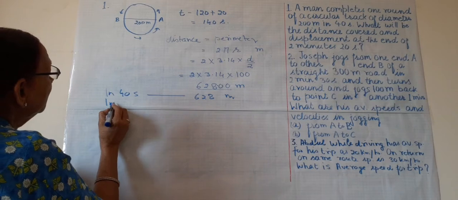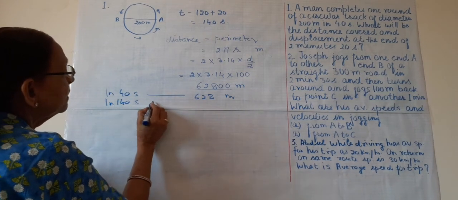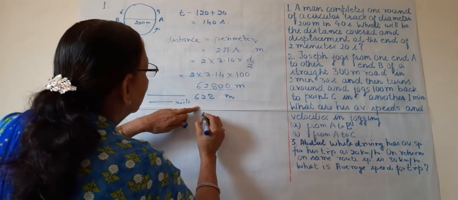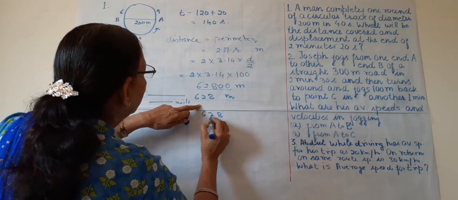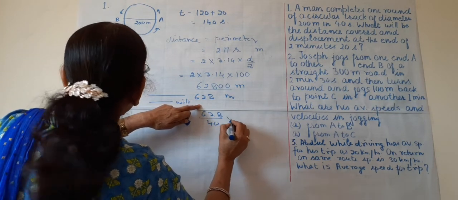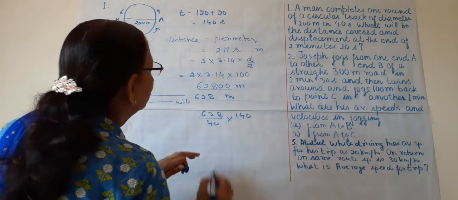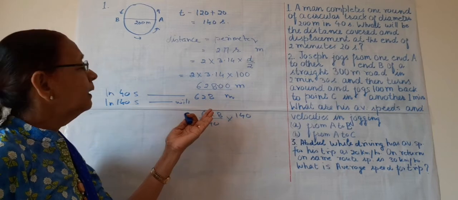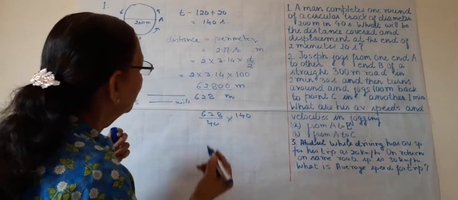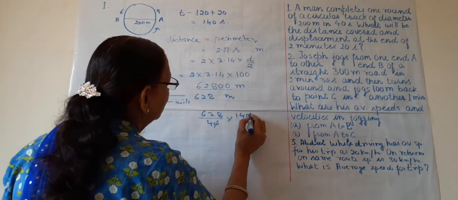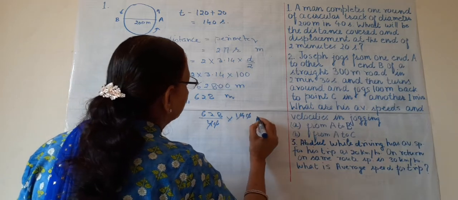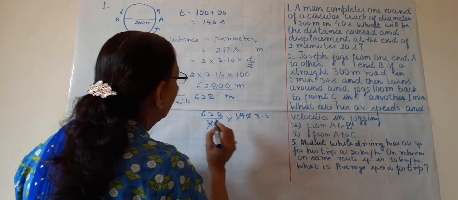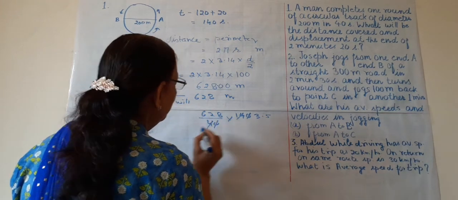So in 140 seconds he will cover the distance of 628 upon 40 into 140, or we can directly take the distance in 40, so it will be 3.5, 628 into 3.5.